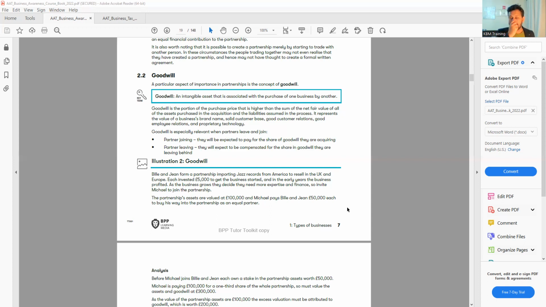So let's try to understand a little bit in details. For example, you start a business in 2010 and you invested 15,000 of capital of your money, and you buy the furniture, the equipment, all you need for your business.